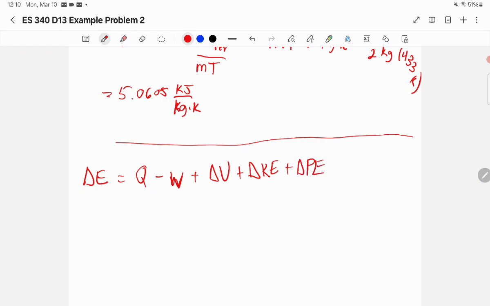This is going a little bit further back, because remember, this is a closed system, by the way. Before we started entropy and the second law, we were dealing with systems that were control volumes, which has a slightly different equation than this. But you should remember this equation from a while back. So that is my energy balance equation.